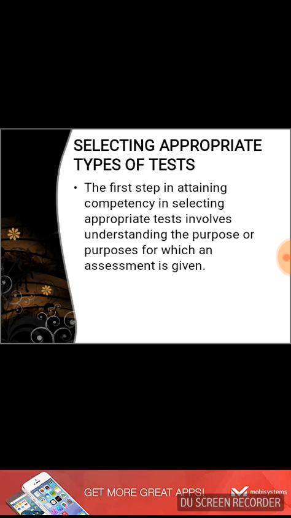So here comes slide number 1, about types of test and the steps of test. The first step in attaining competency at selecting appropriate test involves understanding the purpose or purposes for which an assessment is given.